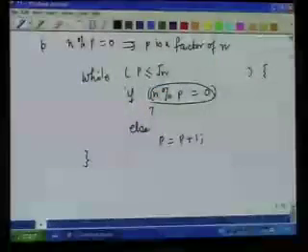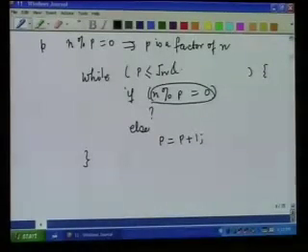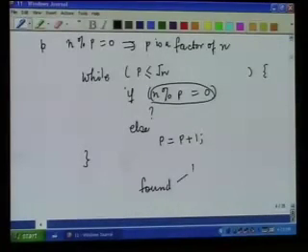So now we need to, in this case, remember the truth or falsity of the condition, that is, n percent p is equal to 0 or not. So let's use a Boolean variable to store this value. Let's call that Boolean variable found. So found will be either true or false. We'll start out as false.